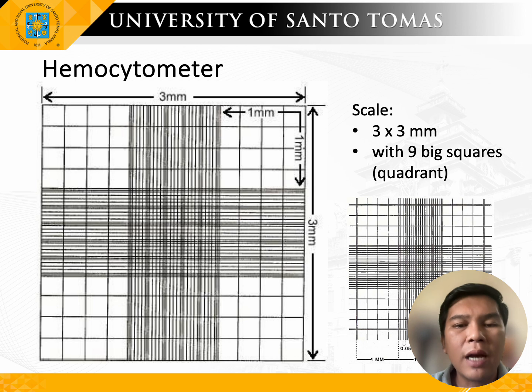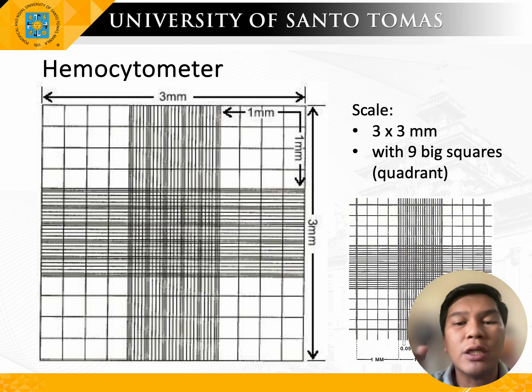You can see here, however, that each quadrant is subdivided into smaller squares. As you can see, in quadrant 1 that's 4 by 4 squares. In quadrant 3, we have 4 by 5.